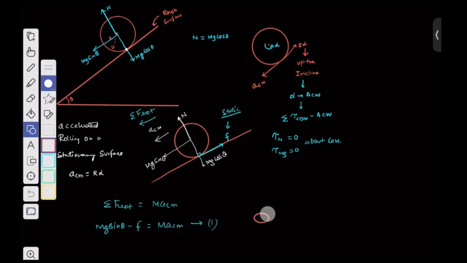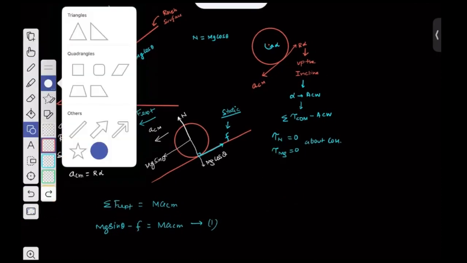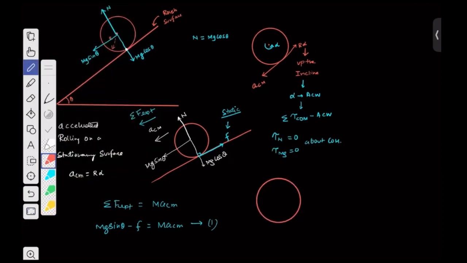After that, we must write down the torque equation for the net torque acting about the center of the mass. The only force that is going to cause torque about the center of the mass is the friction force, and it is acting tangentially. So what will be the lever arm of this force that anyone can tell? It's going to be the radius itself only, no?